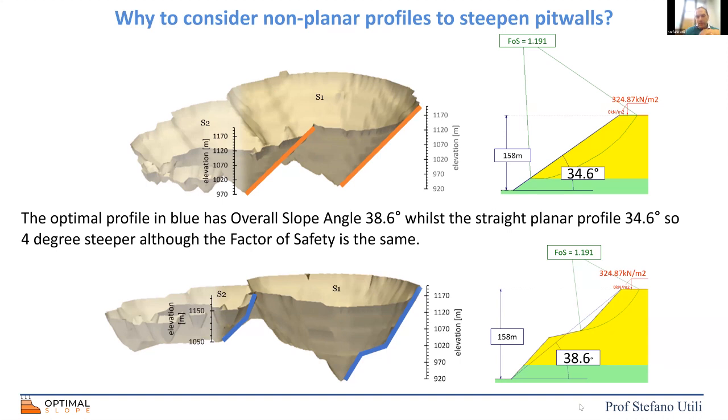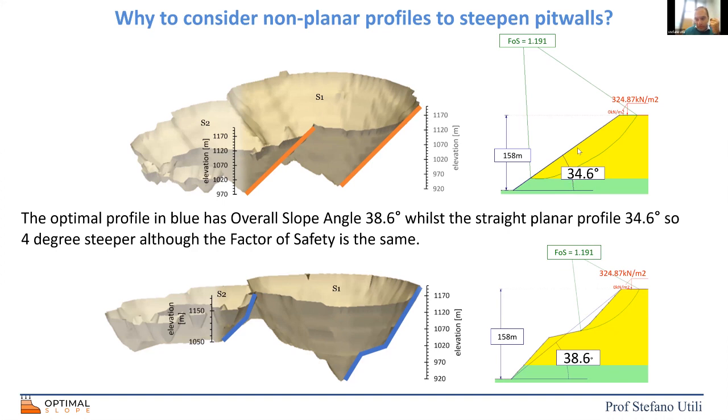Because of this shape, the factor of safety is the same, again calculated by limit equilibrium method, looking for the most critical surface. But the overall slope angle, the inclination you get connecting the toe of the slope to the crest, is 38.6 rather than 34.6.